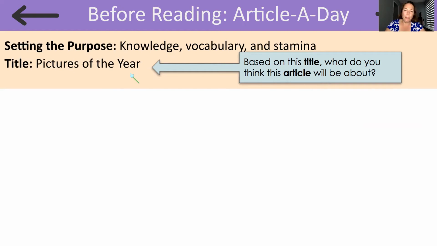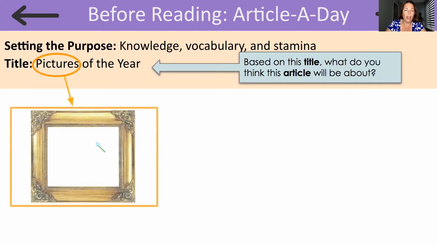So maybe like me, you were thinking of the word pictures. And I was thinking of a picture frame and how we put different pictures inside. Another word that I see in this text is here. Does anybody know how to say this word? Yes, this is the word year.